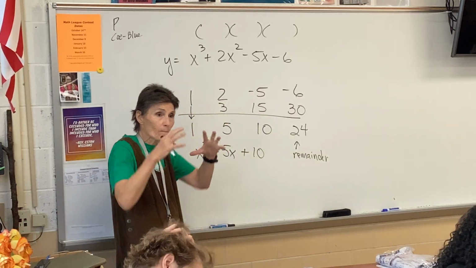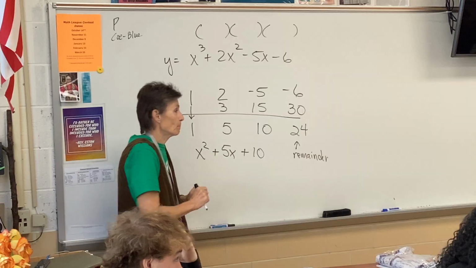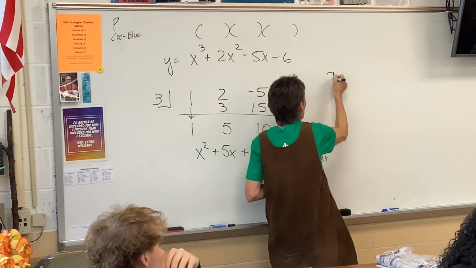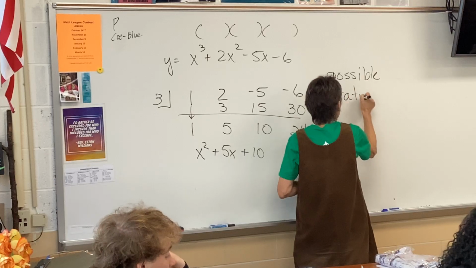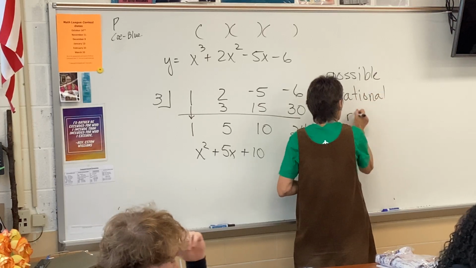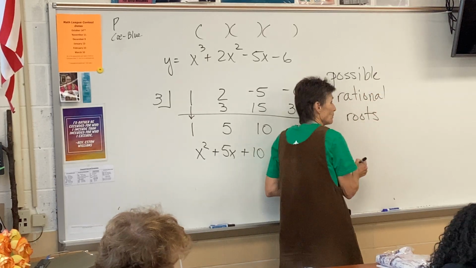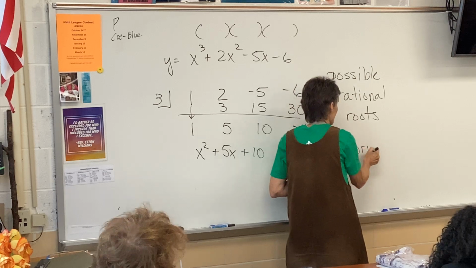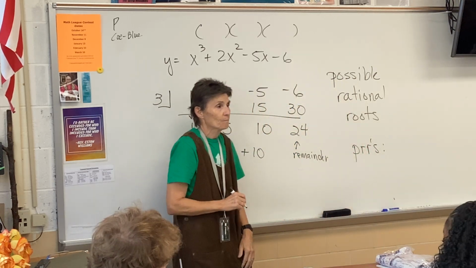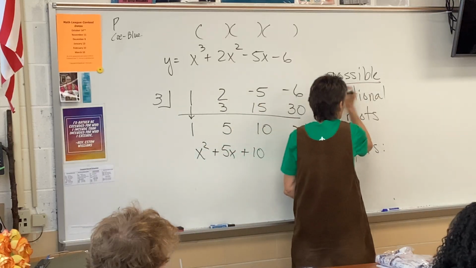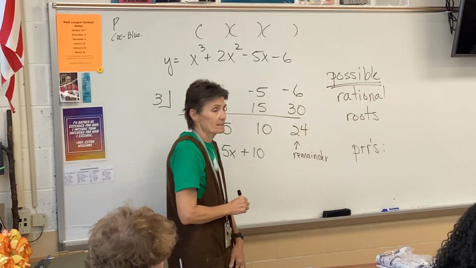Here is the pool of numbers you guess from. They are called the possible rational roots. I'm going to refer to them as the PRRs, possible rational roots. Possible. These are your guesses.